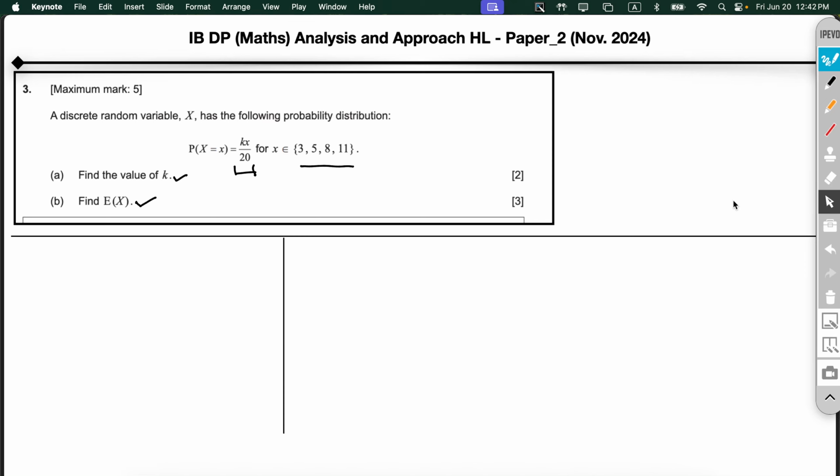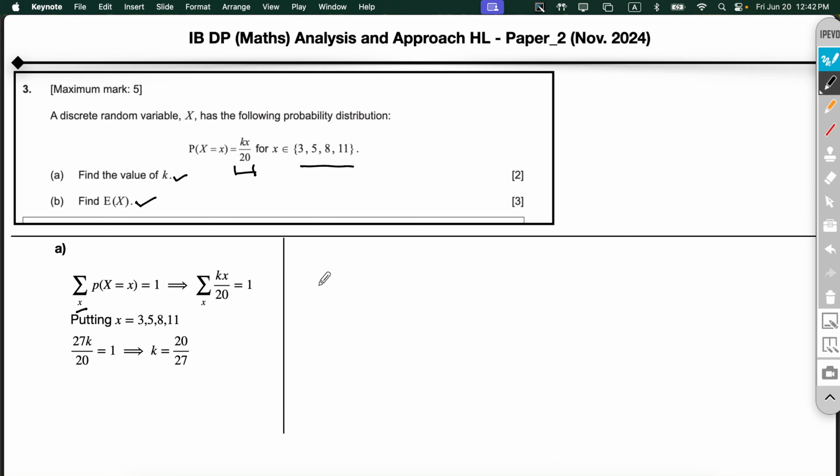For the first question, we just need to use the simple principle that the sum of the probabilities of these variable values has to be 1. So the sum over x of the probability of x is 1. In this case, this is kx divided by 20. Let's compute what it becomes when you do it for 3, 5, 8, 11, and sum them up.